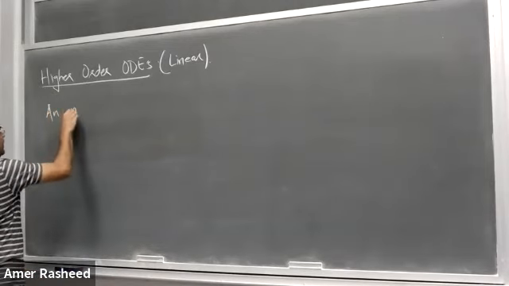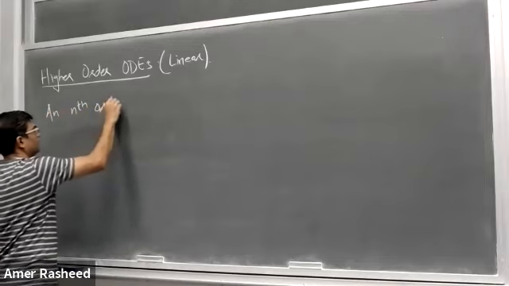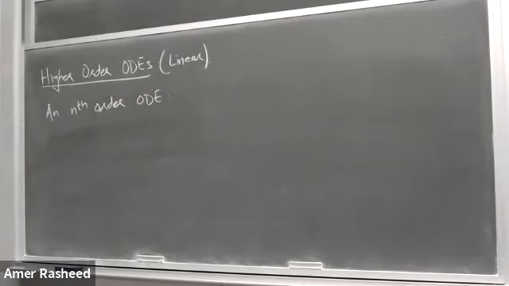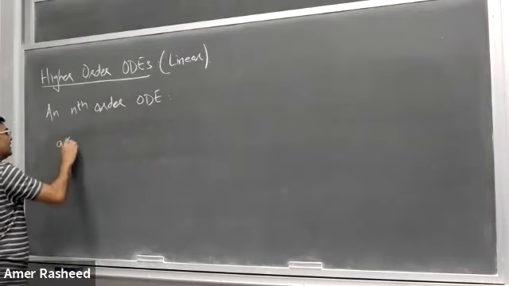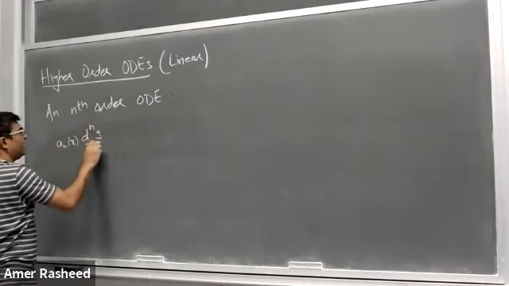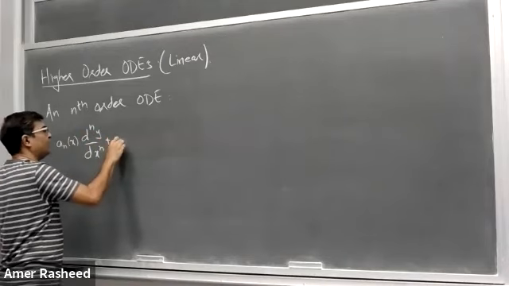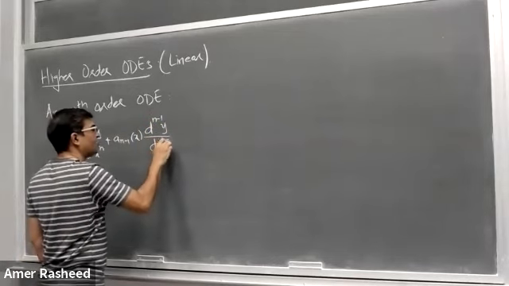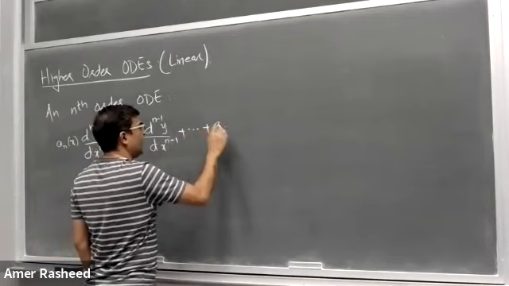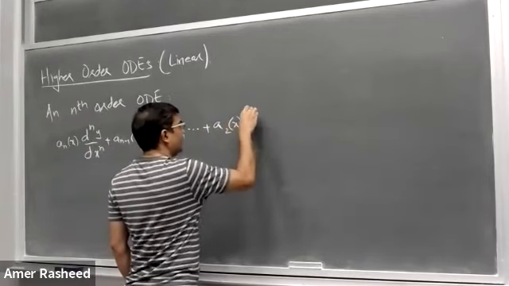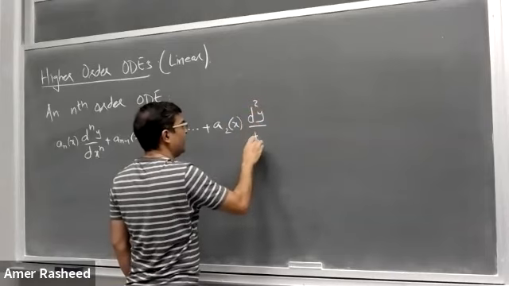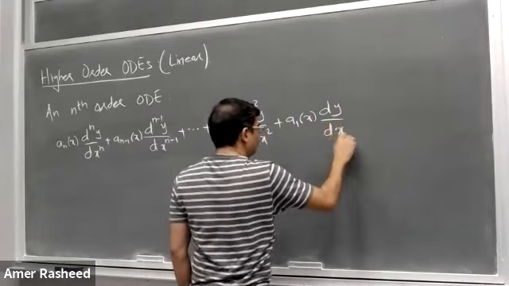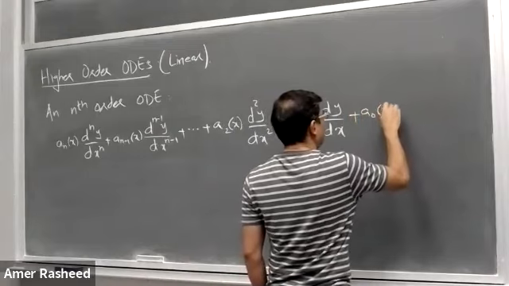An nth order ODE is defined as a_n(x) d^n y/dx^n plus a_{n-1}(x) d^{n-1} y/dx^{n-1} plus so on, plus a_2(x) d^2 y/dx^2 plus a_1(x) dy/dx plus a_0(x).